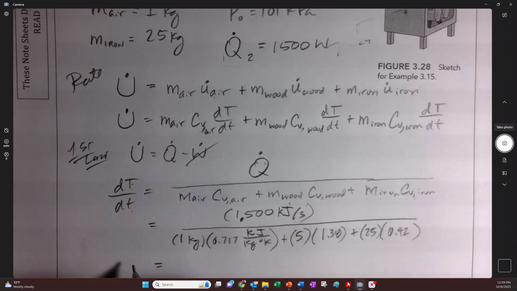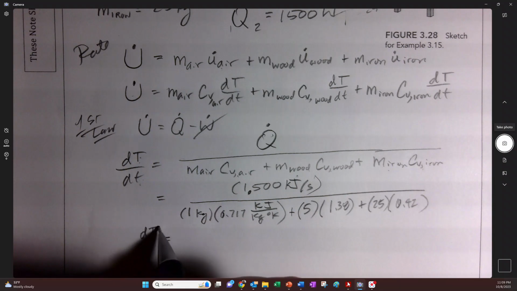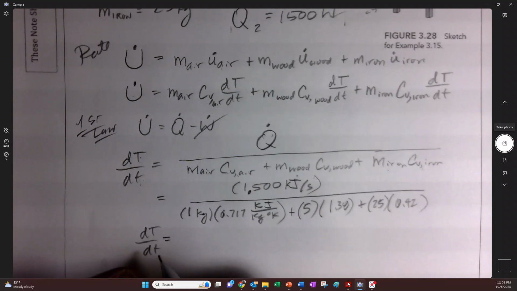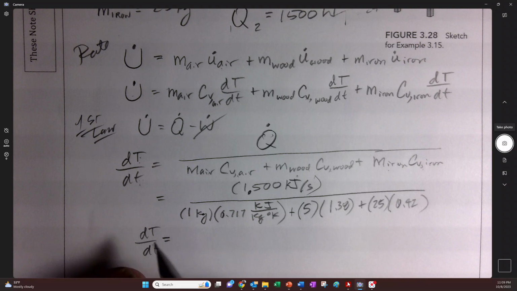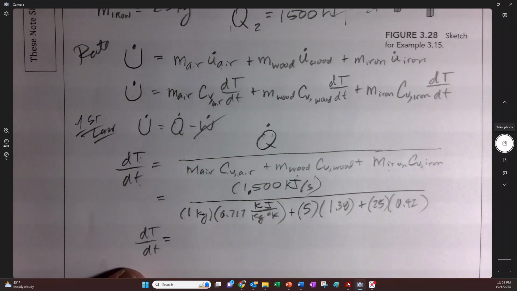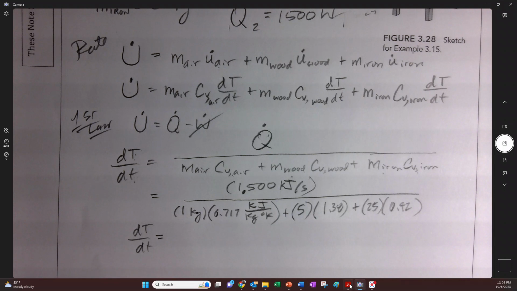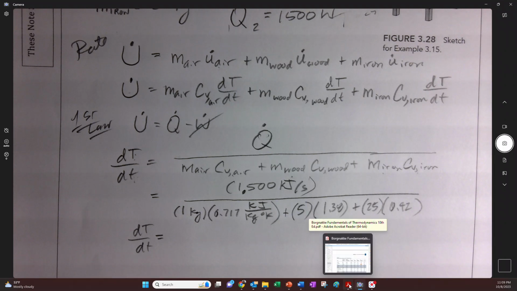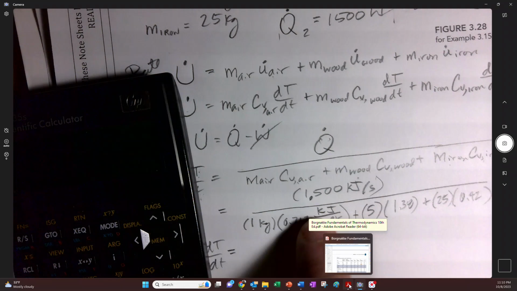And what we found for our dT, what units did I use? Oh man, I don't know if I got the right units. Should we pause for a second and find out? No, let's just do it. This would be the correct one.